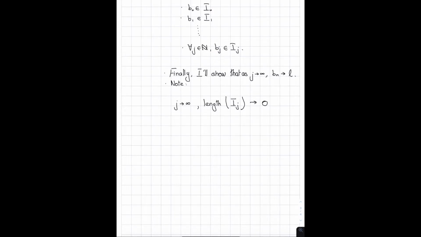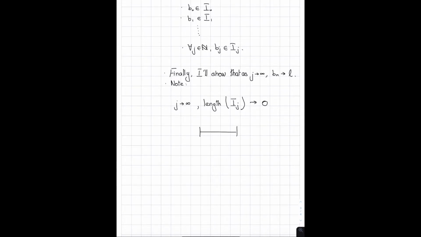but notice that the length of I of j is less than or equal to the distance between b of j and L. Now, why is that? Let's say that the interval I of j is this interval. What is the maximum distance between b of j and L?